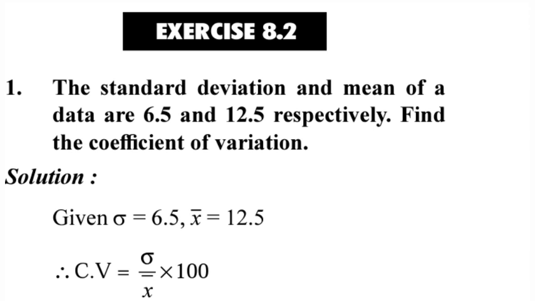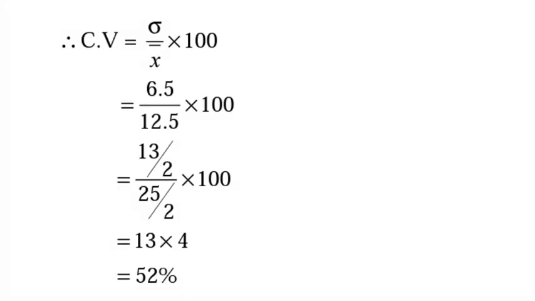Okay, now substitute the values. Sigma value 6.5, x bar is 12.5, into 100. 6.5 divided by 12.5 into 100. CV equal to, now simplify the value. 6.5 we convert to the fraction 13 by 2, next divided by 12.5, we convert to 25 divided by 2.